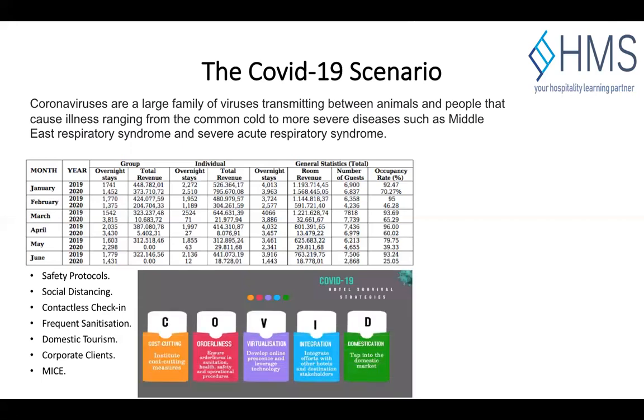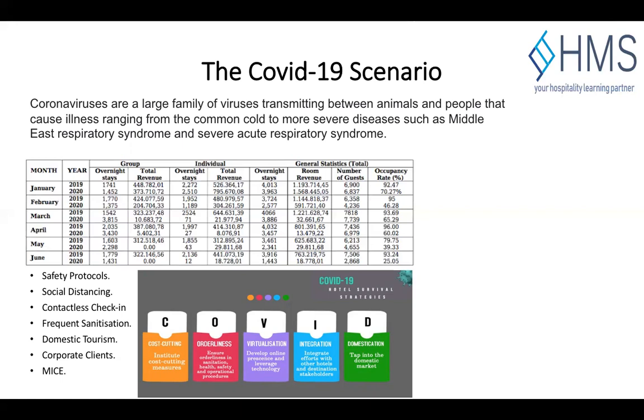Now, hotels have adopted this COVID survival strategy. C as in cost cutting, they cut down on costs. O is orderliness. They have to ensure that there's regular sanitization and safety and health and operational procedures are in place. Virtualization is to develop online presence and, of course, do digital marketing.